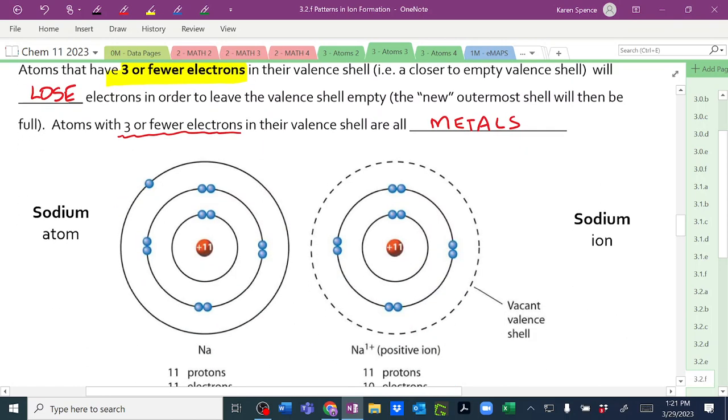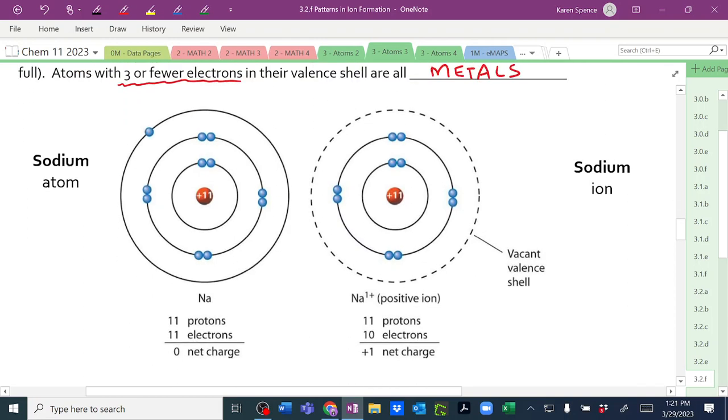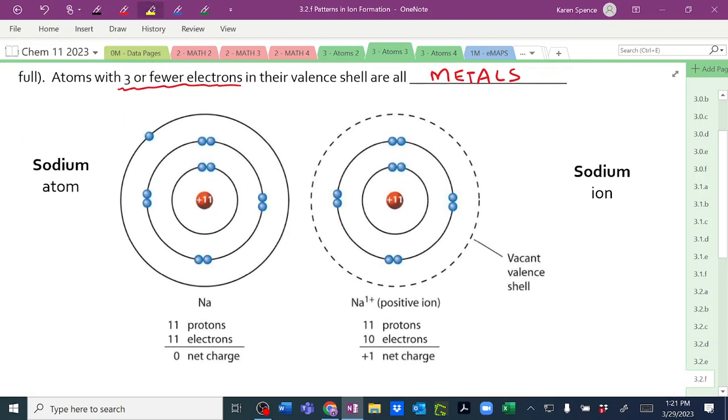Here's a Bohr model of a sodium atom. It has 11 protons and 11 electrons. Net charge is, of course, 0. And we have this inconvenient electron in the outer shell all by itself. What will the atom do? It will say, bye-bye, and the electron will go away.